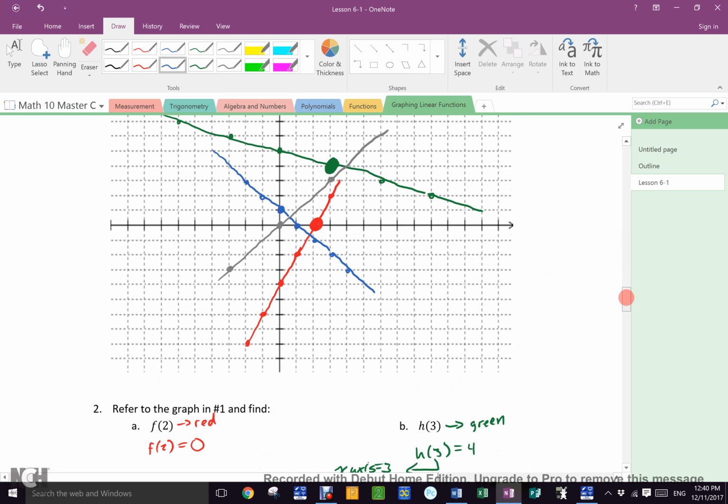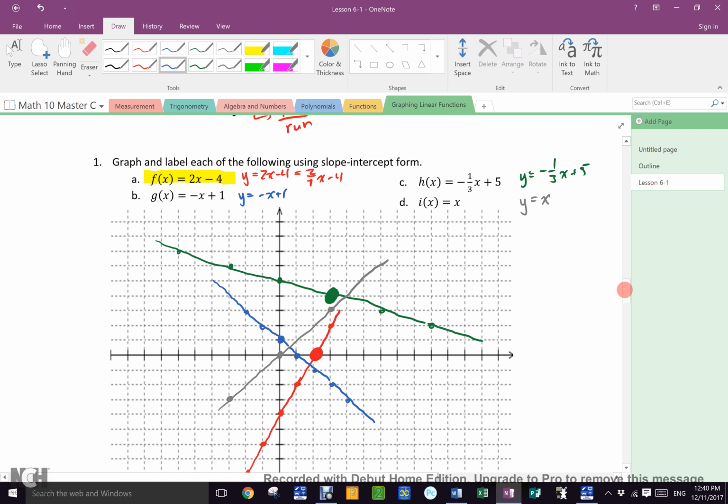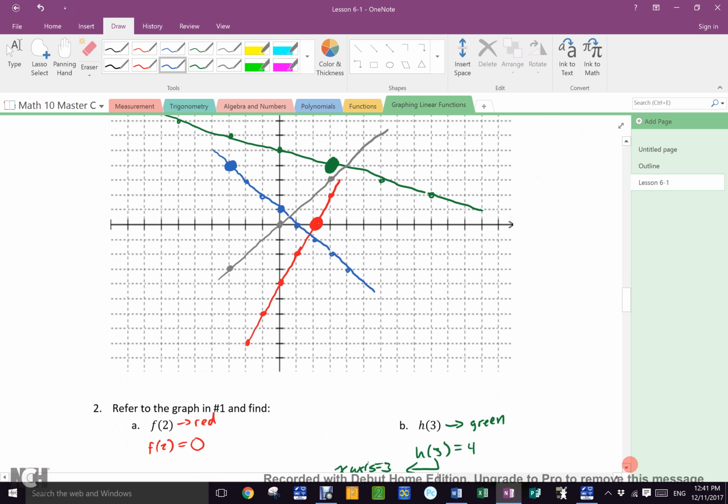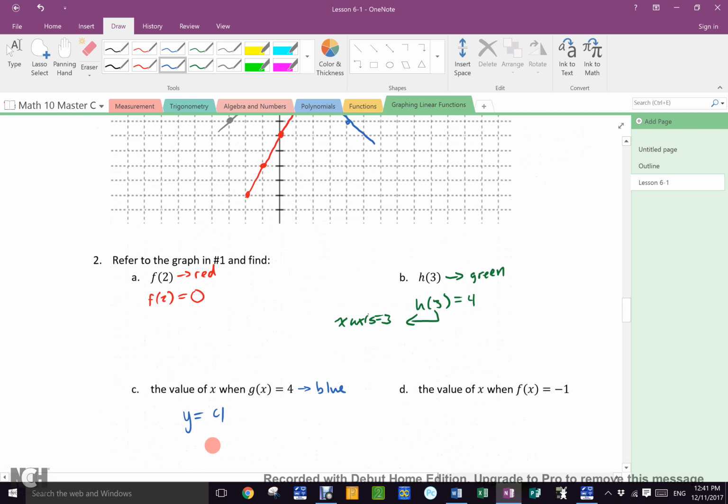So where do I go on the blue line now? Up to what? 4. 1, 2, 3, 4. There it is. Then I go out here. There's my dot, right? What do I need? A y or an x value for it? I need an x value. What is it? -3. Oh, you guys, it's almost like you're ready for this. If the g of x is 4, x equals -3.